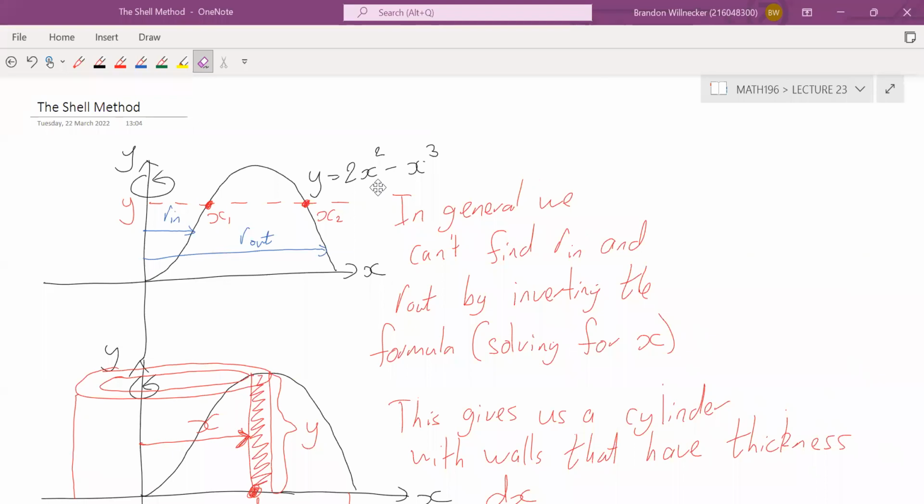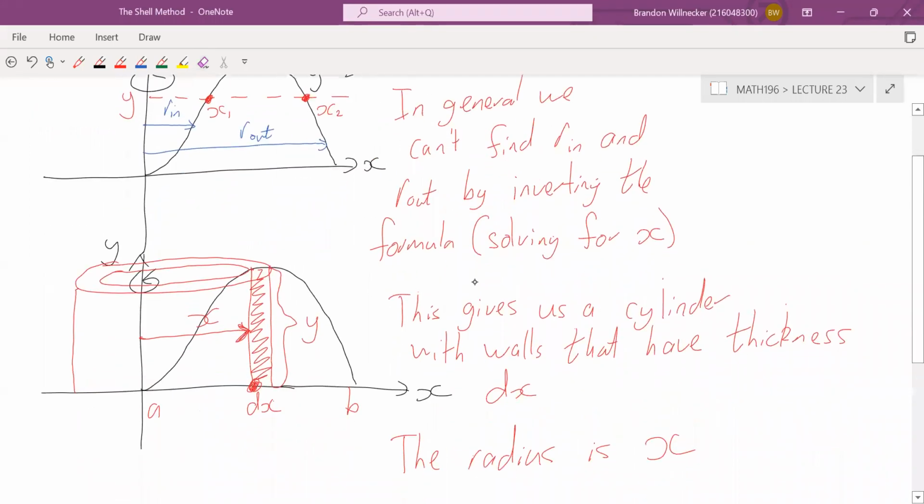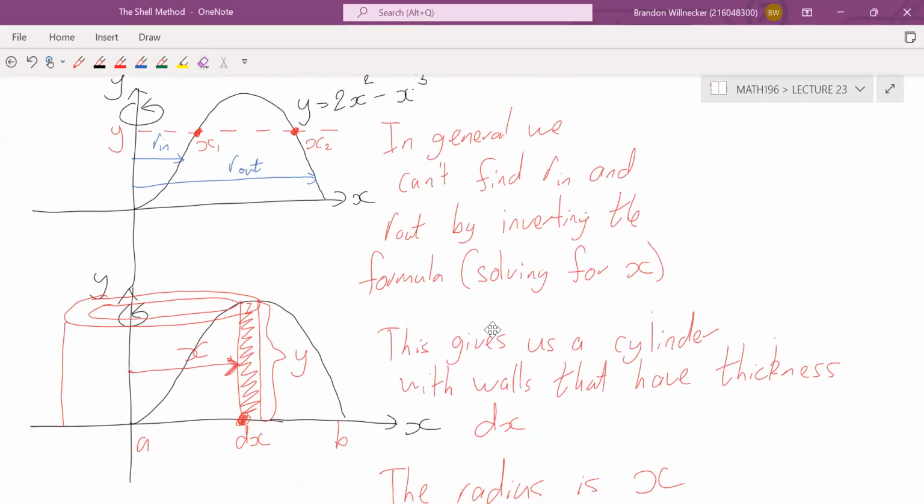Instead of cutting the shape up into washers, we're going to cut the shape up into vertical cylinders. At every point on our interval from A to B, we are going to put a cylinder.